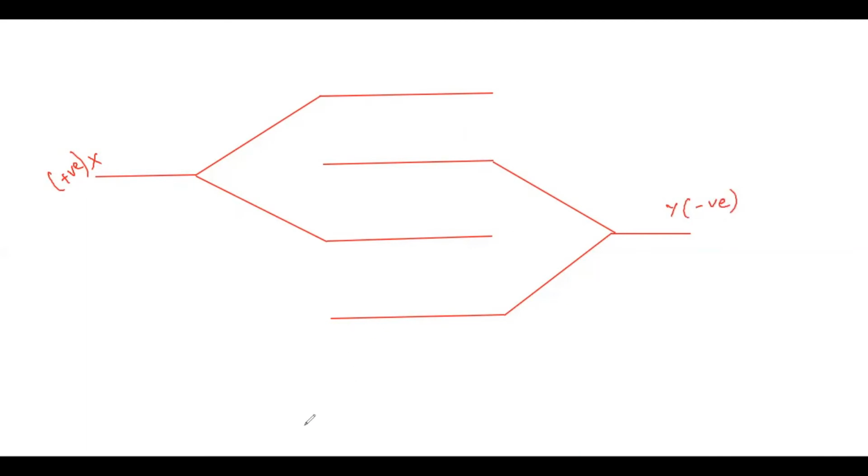Alright. Now, since the first and third plates are connected to the positive terminal, they acquire positive potential. Right? That means they are at high potential. And the second and fourth plates are connected to the negative terminal, so they acquire negative potential. That means they are at lower potential. Alright. So we see a parallel arrangement of two parallel plate capacitors.